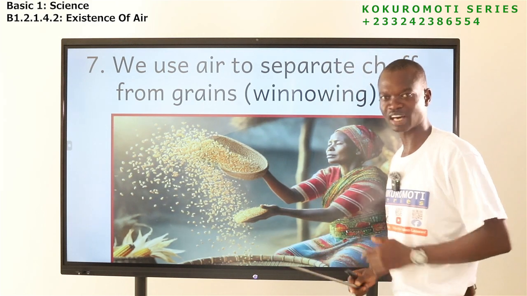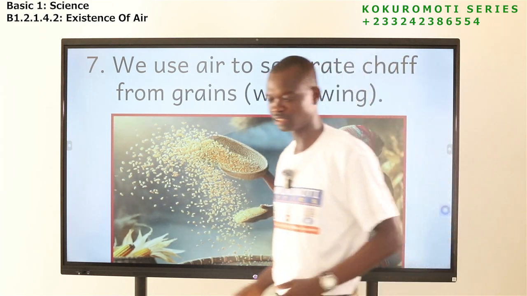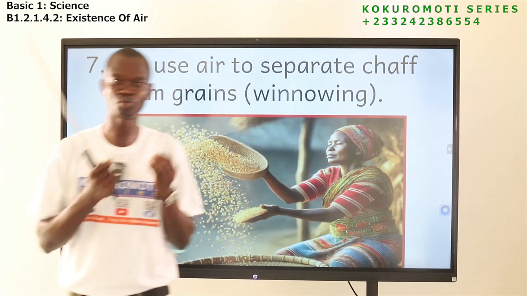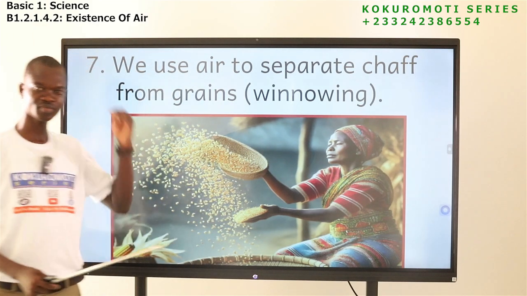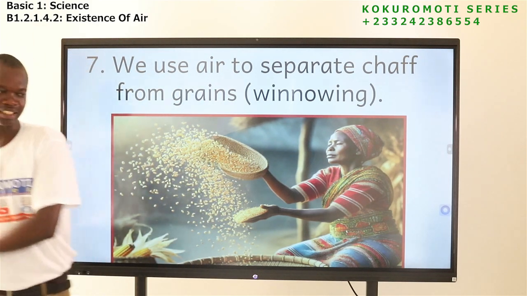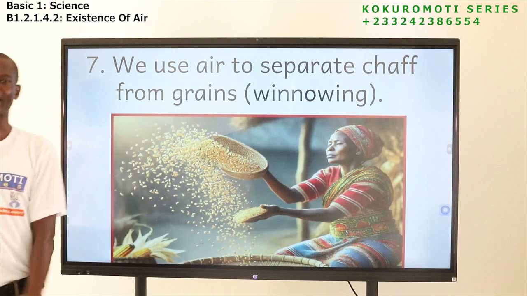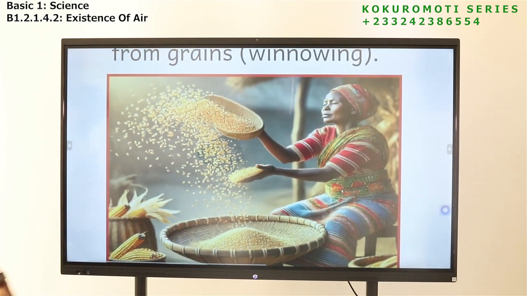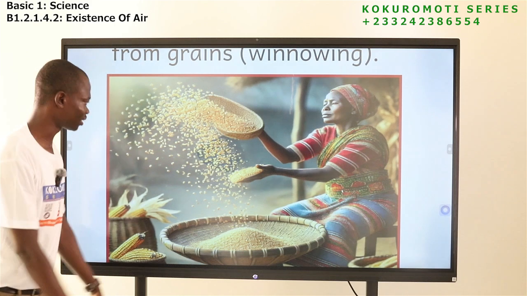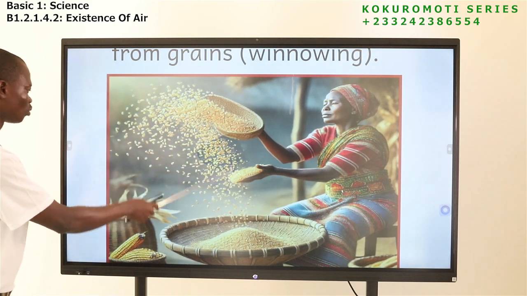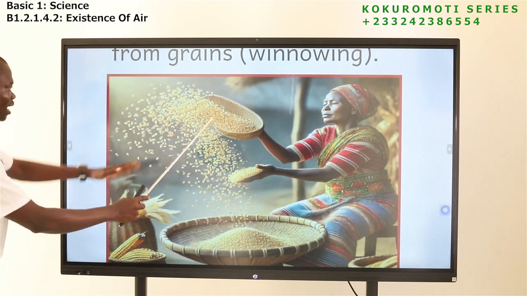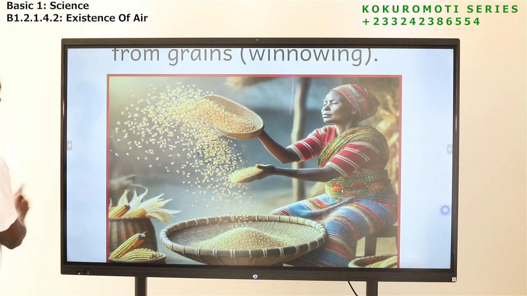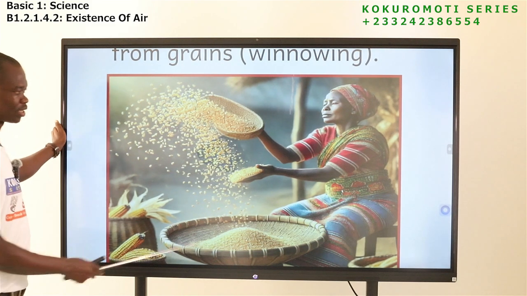Chaff is the part that we don't want, the unwanted parts. Mostly they are lighter in weight, and because of that, they are easily blown away by air. So this is how winnowing is. So we use air to separate it. You see, all the good ones will come to this side. The bad ones, the chaff, will go to this side. The air will blow them away.